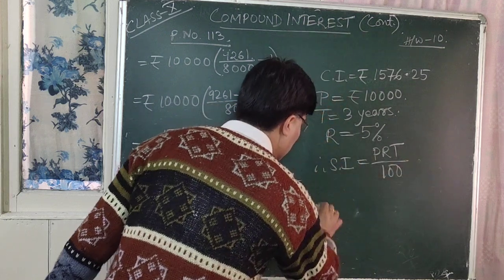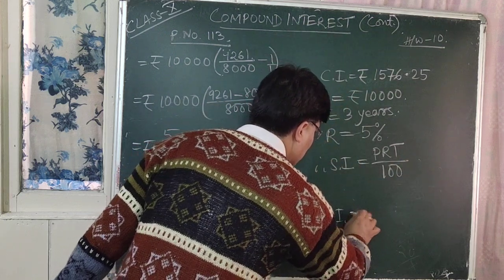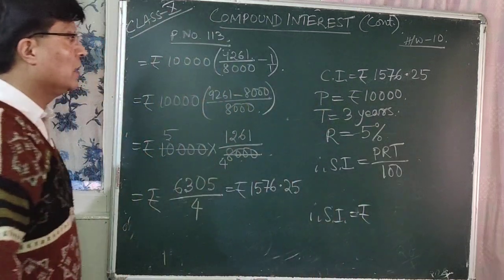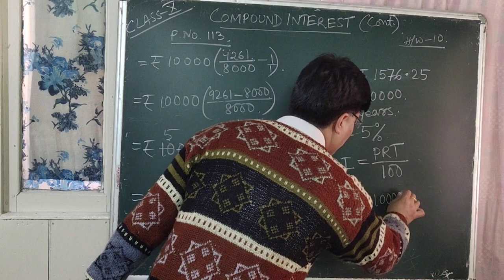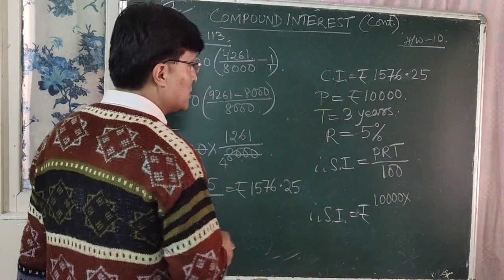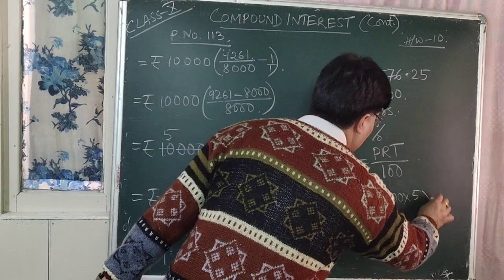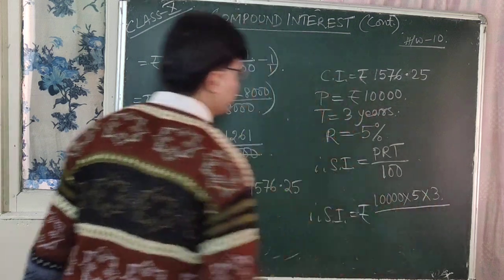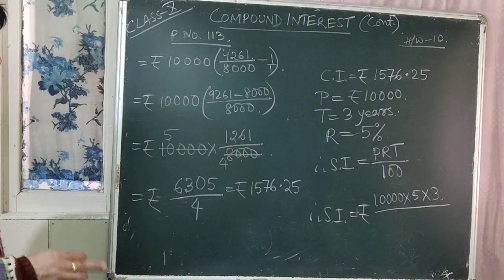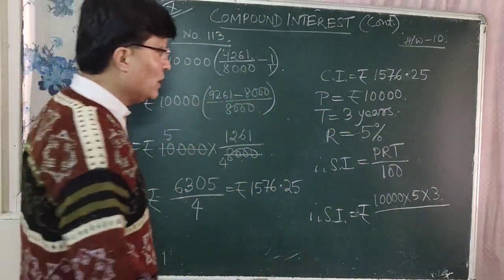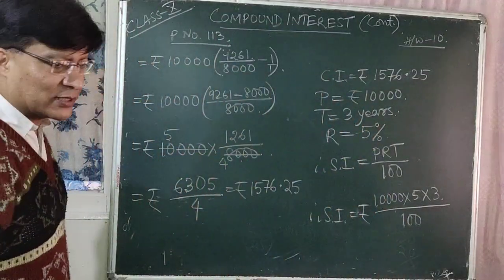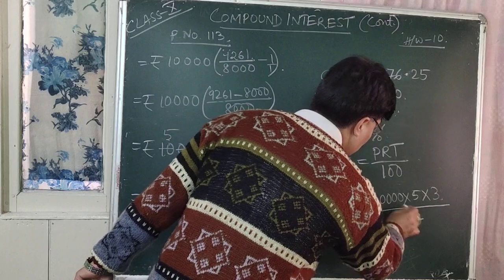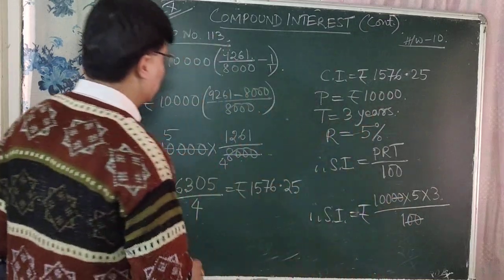Therefore, SI is equal to rupees, the principle 10,000 into the rate 5 into the time 3, whole divided by 100. So here you can cancel. These 0000 get cancelled, right?